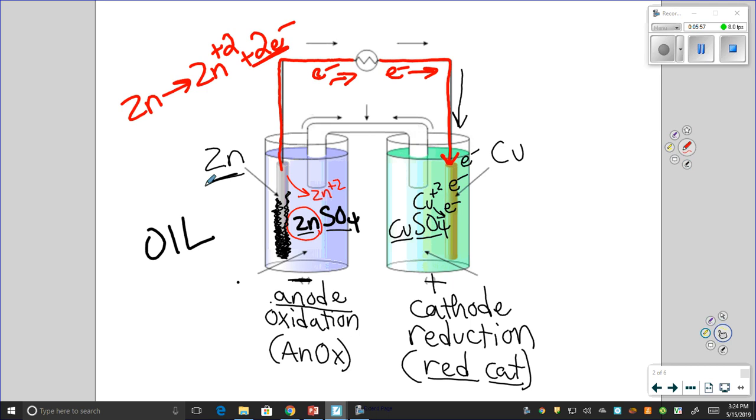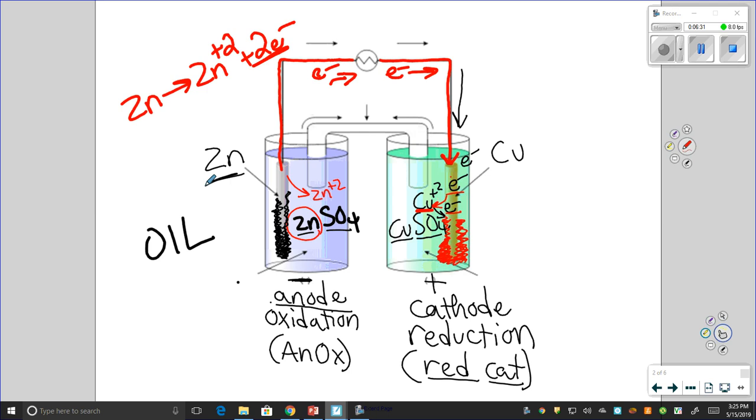So each copper ion can accept 2 electrons because its charge is +2. So these 2 electrons will attach to our copper ion. It then coats onto the outside of our copper electrode. So as our zinc electrode gets smaller and smaller, our copper electrode is going to get bigger and bigger because every time 2 electrons come down, a copper ion is going to attach to it.